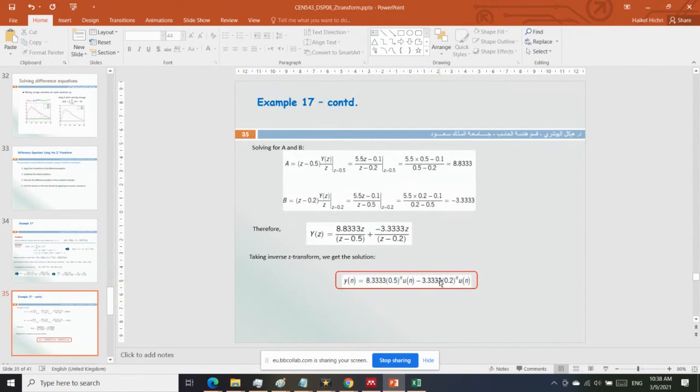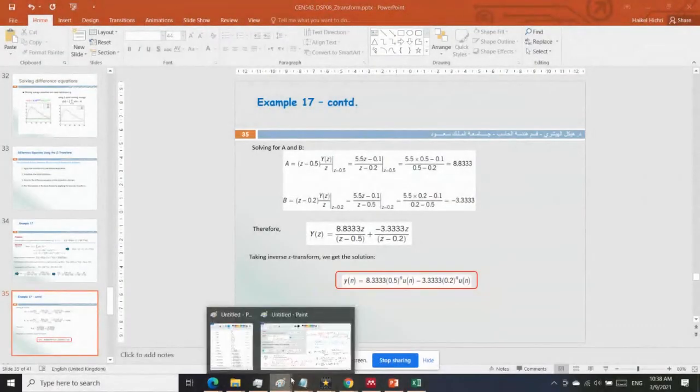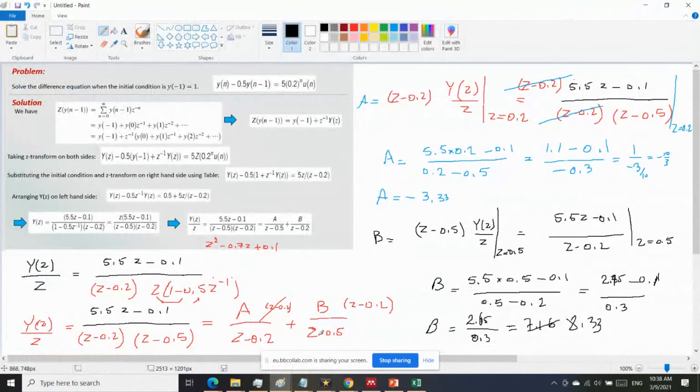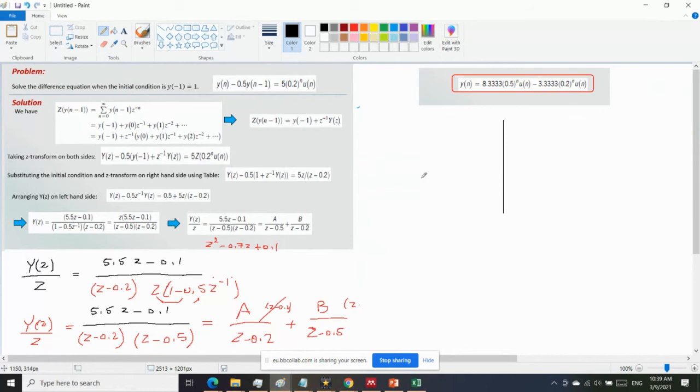And of course we can plot this. The first part is u[n], so we can plot it.